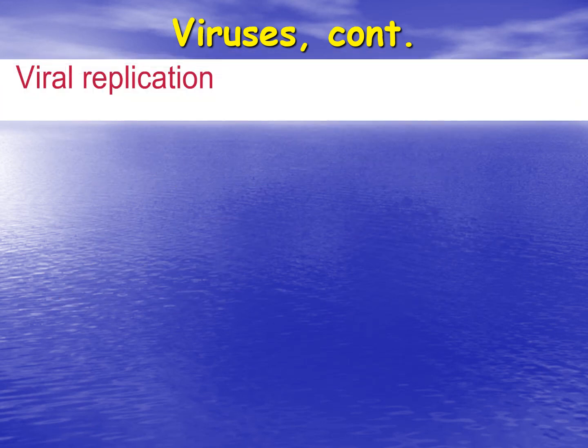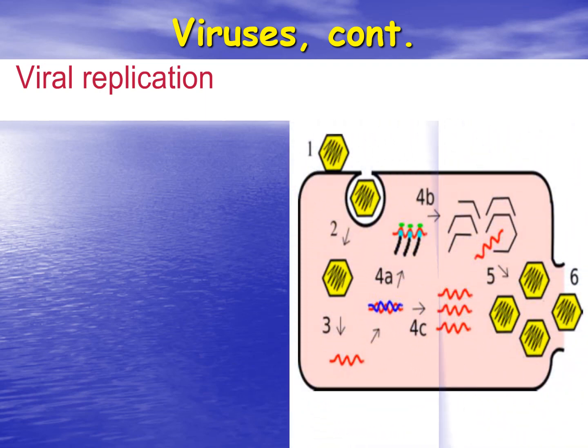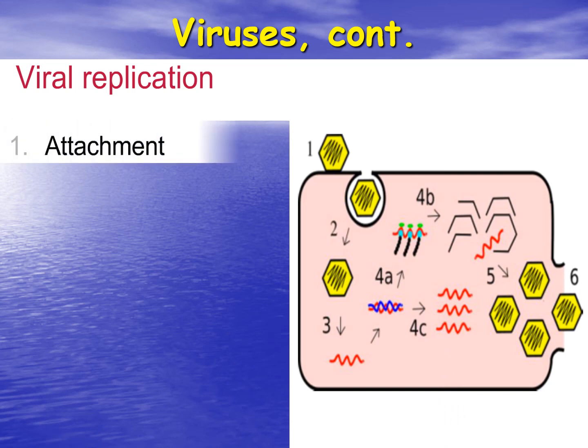So how do viruses replicate in animal cells? Well, first of all, viruses, in order to replicate, have to first attach to their cells. They typically will do this using the spikes on the envelope or the capsid and attach to receptors on the surface of their host cell.